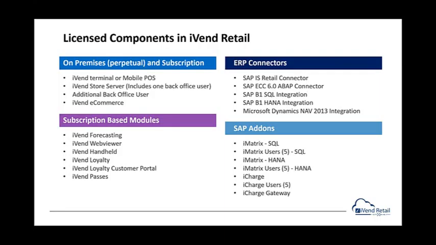So that's one back office user, or the management console user as it is still very popularly known, is included. Similarly, iVend Enterprise Server is included in the overall licensing, and one back office user is also included for iVend Enterprise. Additional back office users are a licensed component. We could call them back office users, we can call them management console users. So the terminology is interchangeable.